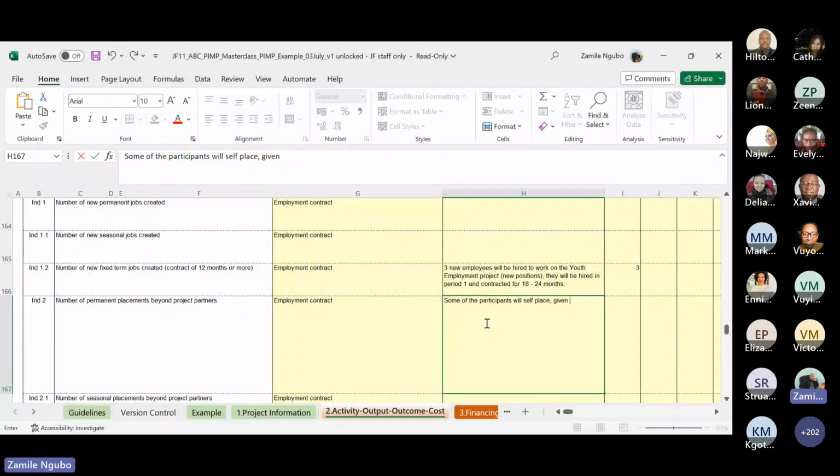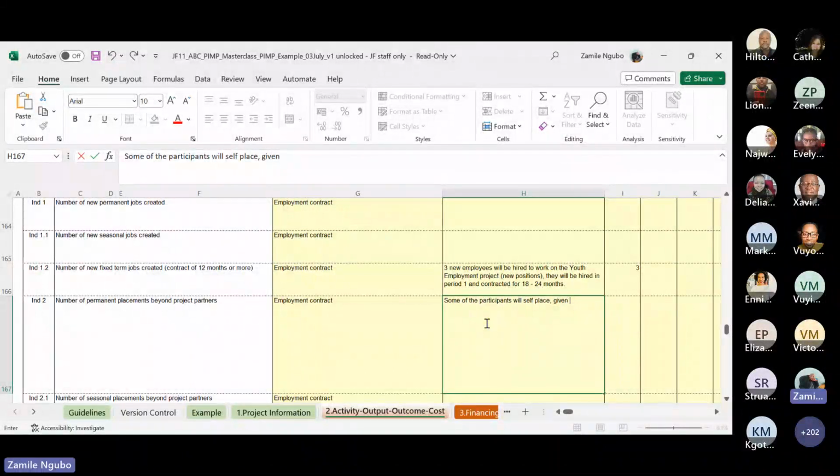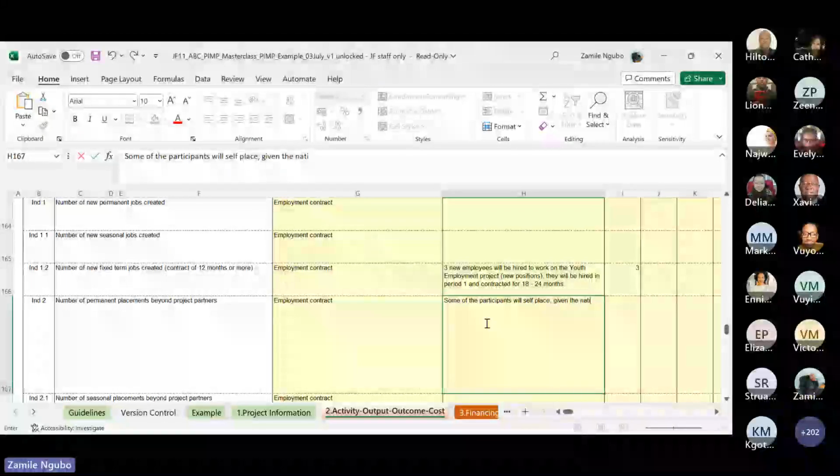So it is anticipated that a third of the placements will be permanent positions, indicator 2 and 3. So these are fixed term permanent positions beyond project partners. These are the assumptions that we have. It is also assumed that trained participants will secure these jobs within 3 to 9 months after completion of the training program. Let me just type in the assumptions.